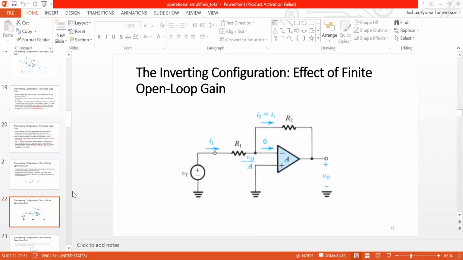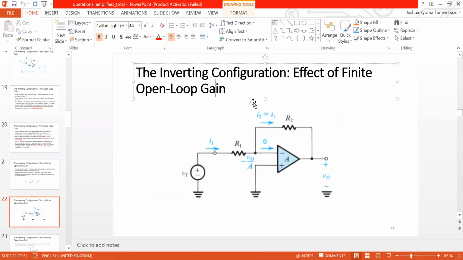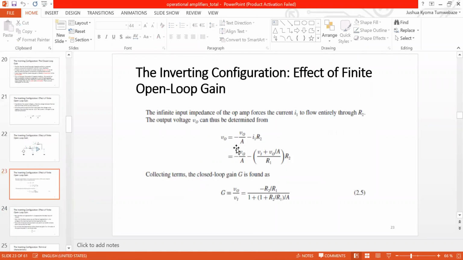So continuing, when you write that equation, you should be able to obtain the gain G.